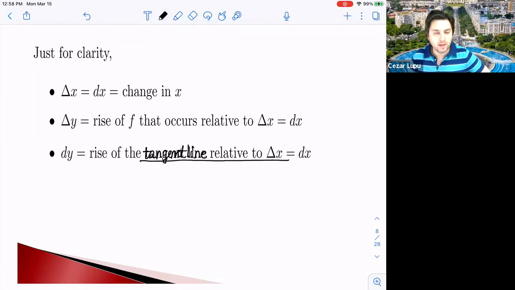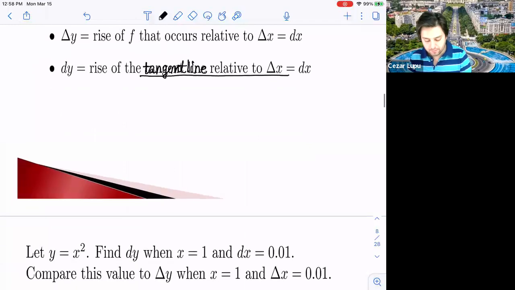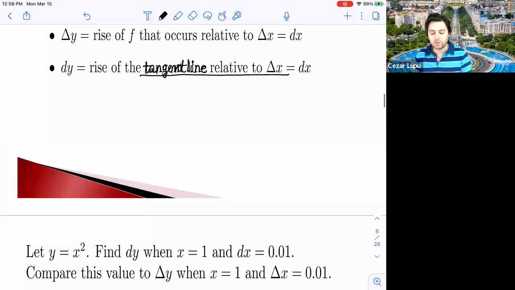All right, so these are the expressions we have in mind. And now let's see some examples. Okay. I want you to look at this example and think about it for a minute or two. So the example says the following.